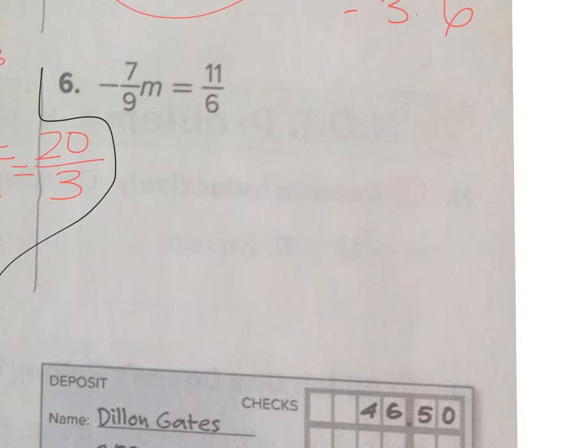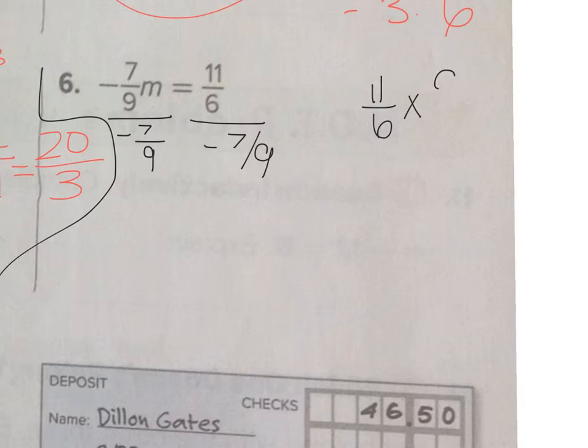Same thing that we have been doing to isolate the variable, we divide by the coefficient, so negative 7/9 is what we're dividing by on both sides. And when we do this, we take 11 over 6 times 9 over 7, a negative 9 over 7.